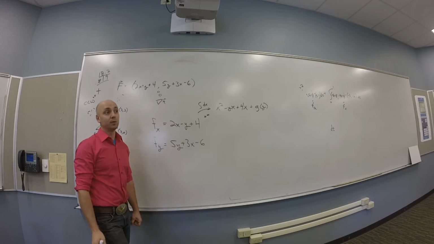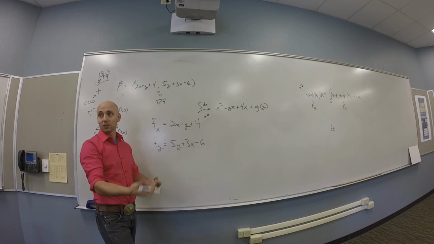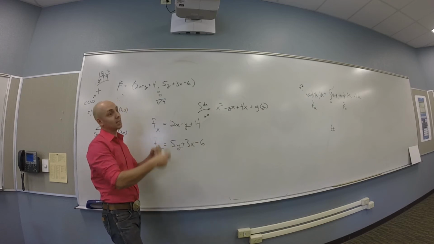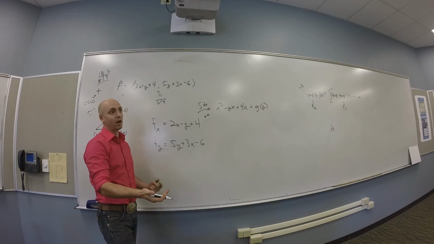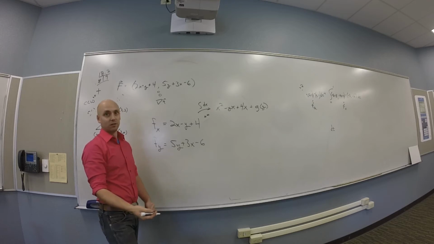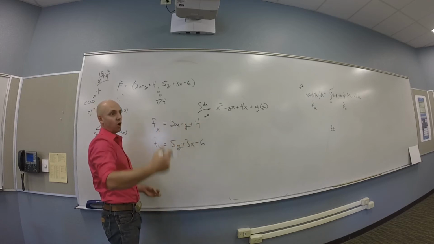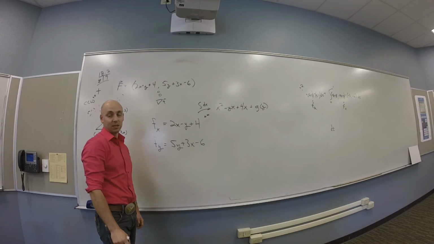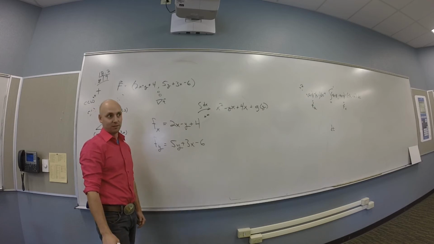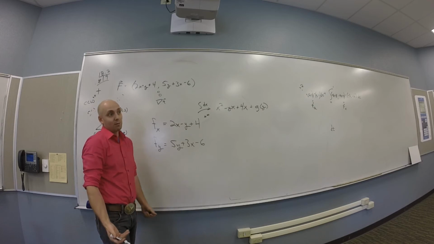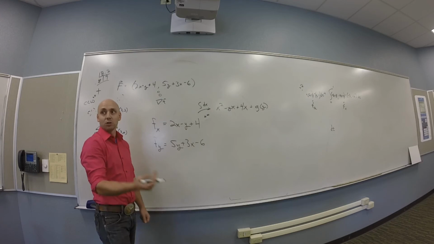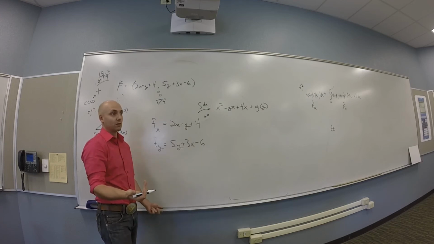Because that plus c should be constant with respect to x. So it could be a giant function of y, like sine of the log of 4y plus 17 plus 30, right? That would be totally fine. All that is constant with respect to x, so when you differentiate, it goes away. You guys cool with that?